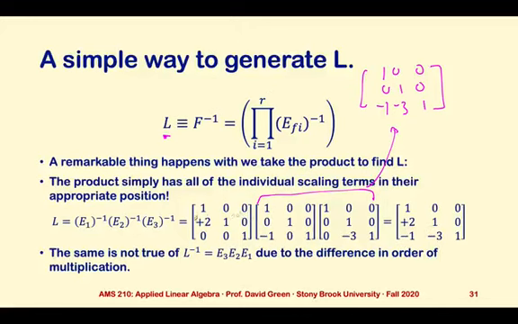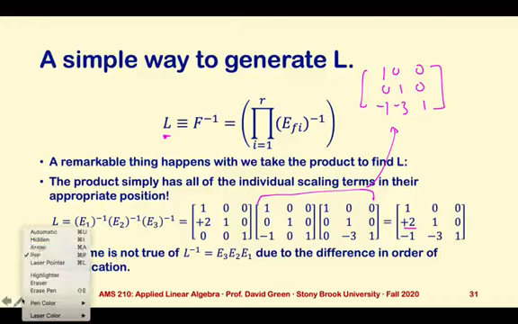And the central row, the second row, we have to take another look at. 2 times 1 plus 1 times 0 plus 0 times negative 1 is plus 2. 0 plus 1 plus 0 is 1, and 0 plus 0 plus 0 is 0.